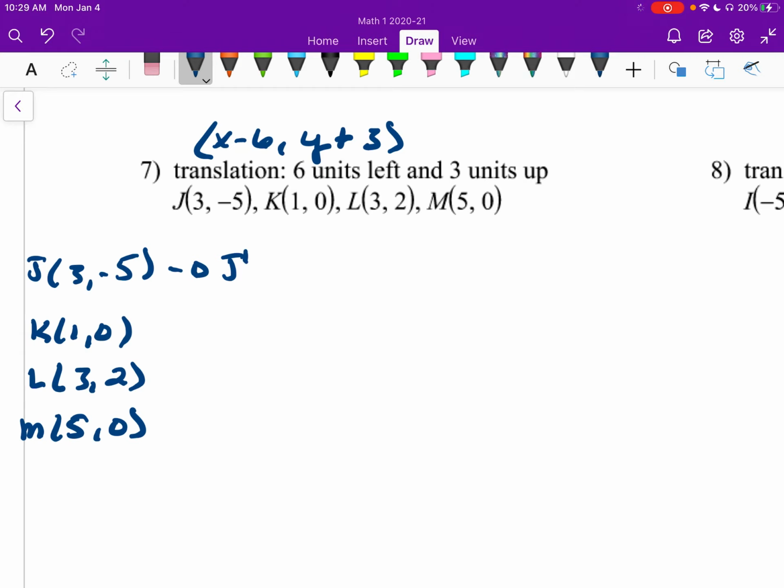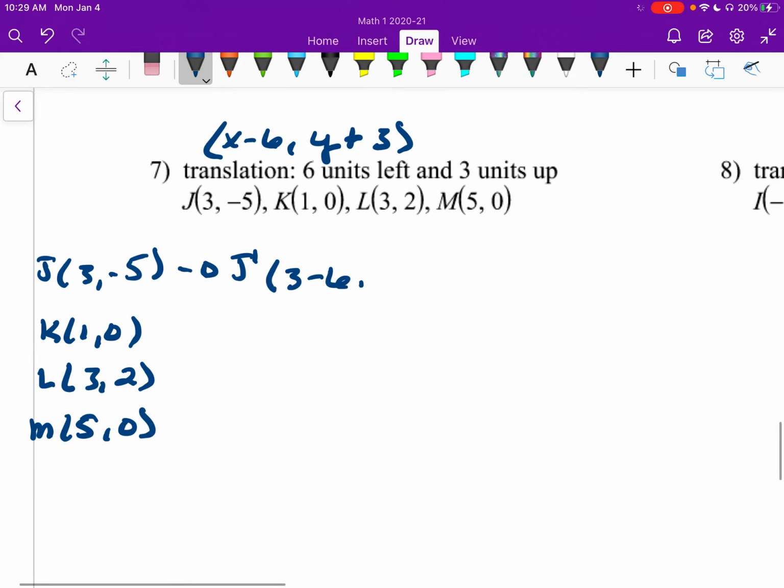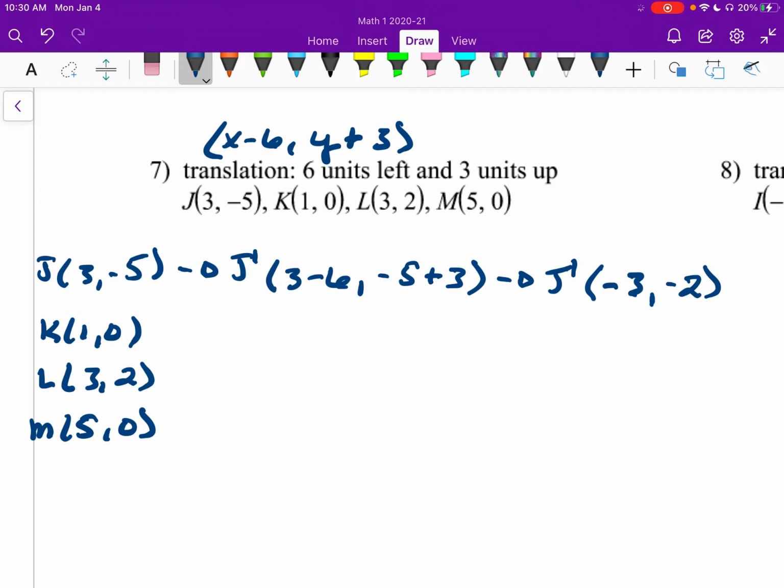So J prime, whenever I plug into my formula point, will be 3 minus 6, negative 5 plus 3. So my final J prime will be negative 3, negative 2. Yep, negative 3, negative 2.